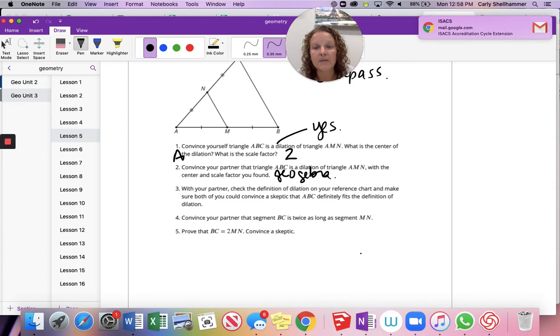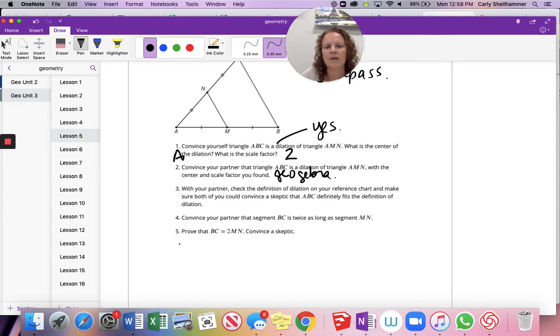Convince your partner, we did that. Now prove that BC equals 2MN. We did it just by actually constructing it. See if there's a different way to do that.